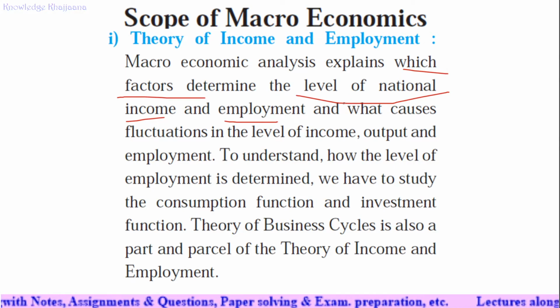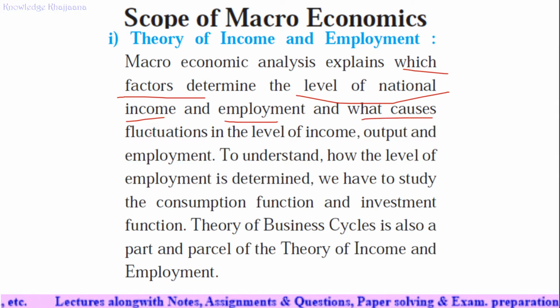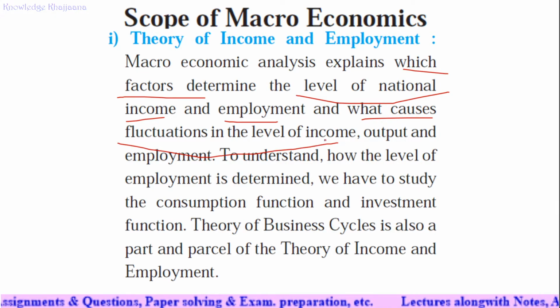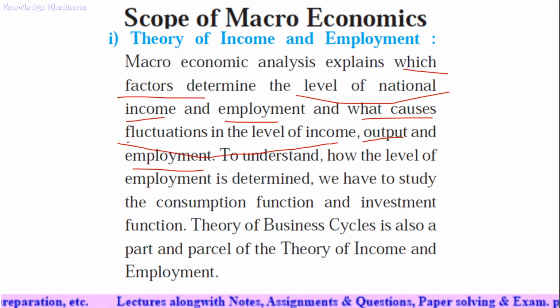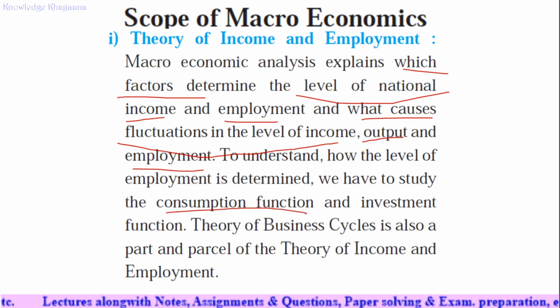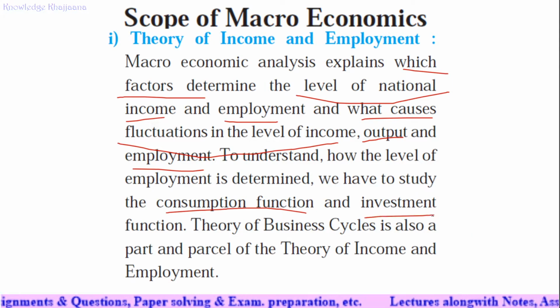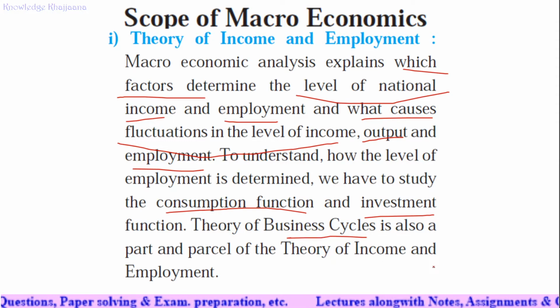And what causes fluctuations in the level of income, output and employment? To understand how the level of employment is determined, we have to study the consumption function and investment function. The theory of business cycle is also a part and parcel of the theory of income and expenditure.